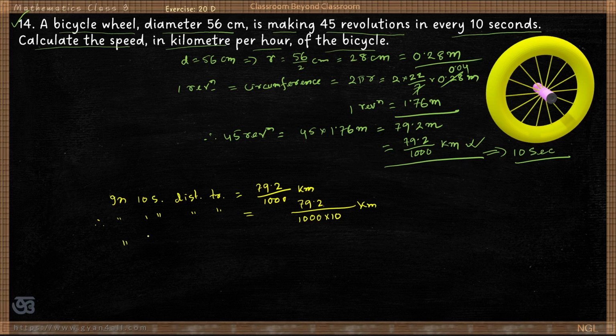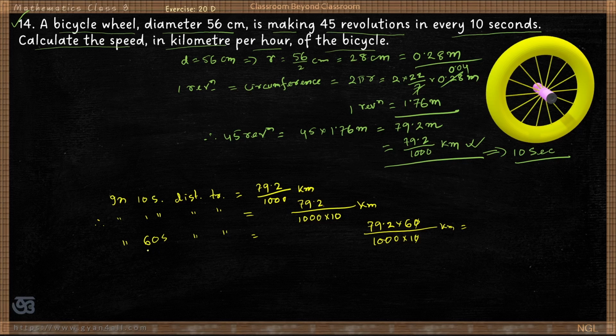Now in 60 seconds distance traveled is equal to this multiplied by 60, which is 79.2 multiplied by 60 divided by 1000 into 10 kilometer.